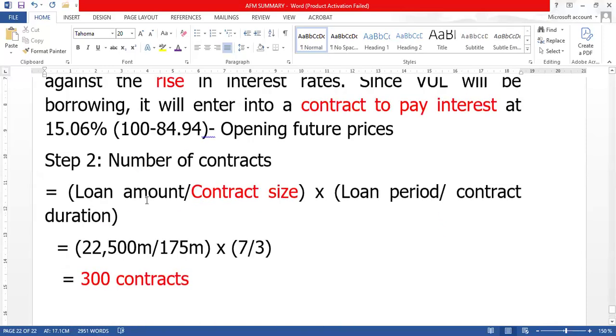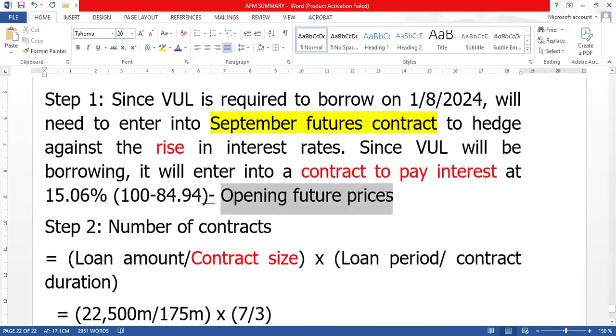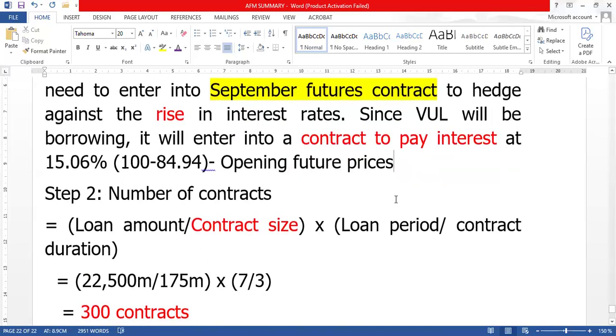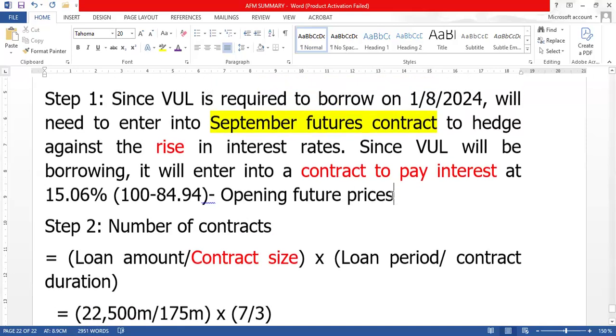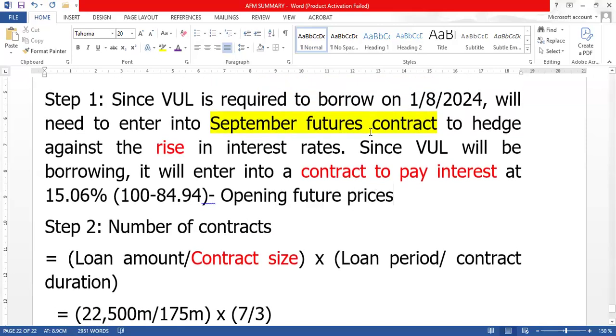Then the opening futures price is the price quoted on the contract you entered into. You entered into a September contract. So if you entered into a September contract, what is the price quoted there?